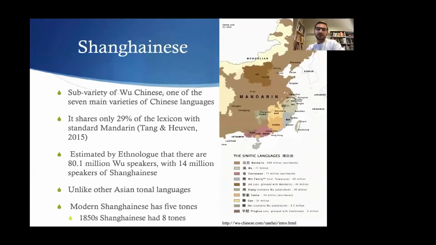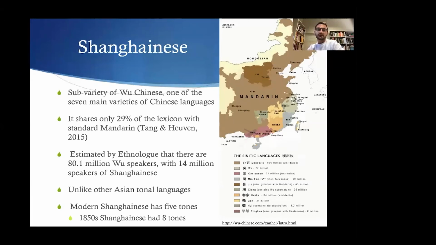So just a bit of info about Shanghainese. It's a sub-variety of Wu Chinese, one of the 7 main varieties of Chinese languages. It shares only 29% of its lexicon with Standard Mandarin. It's estimated that there are 80 million Wu speakers and 14 million Shanghainese speakers.